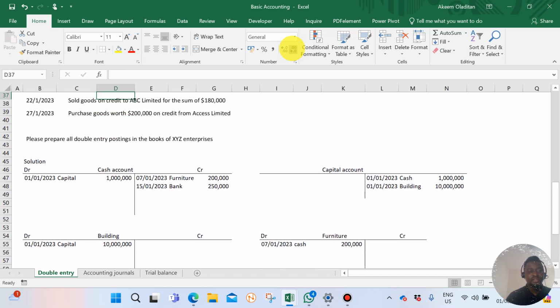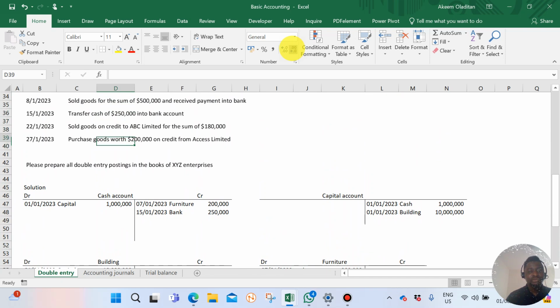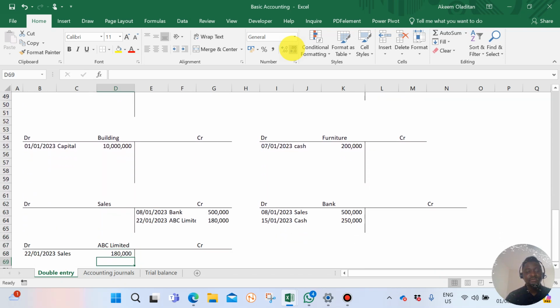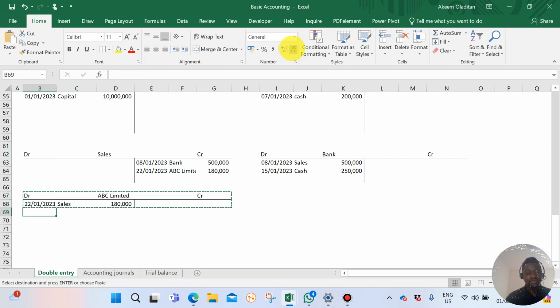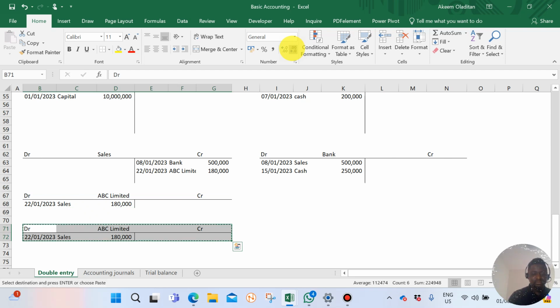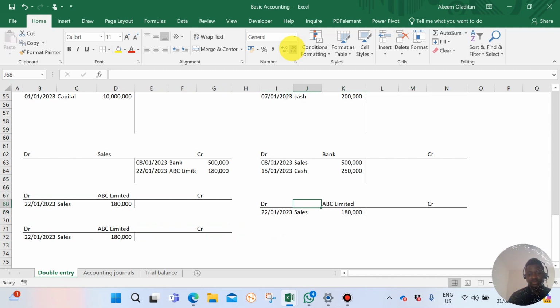The last but not the least is purchase goods worth $200,000 on credit from Access Limited. So we now purchase again. So there's a purchase account instead of having a sales account. There is a purchases account that we also need to recognize. And what is the name of the company?